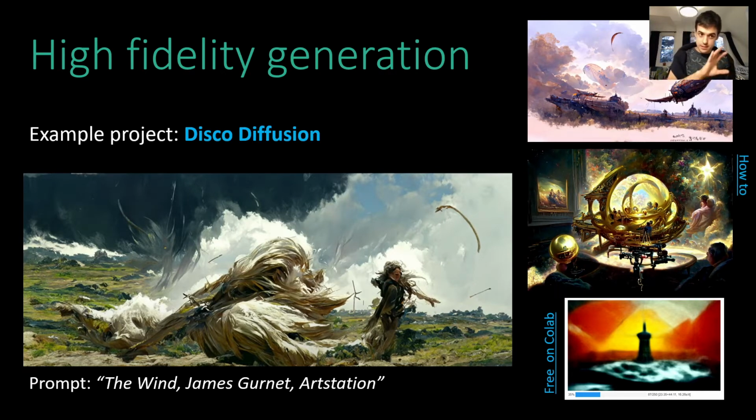But now the technique that we are talking about today is really something else. The results are really, really good: high resolution, high quality, high amount of detail. And there are tricks from the users, some how-to instructions, to really play around with these models and have them do something interesting. And all of this is basically for free on Colab. That's the promise, that we can just play around with these for free.